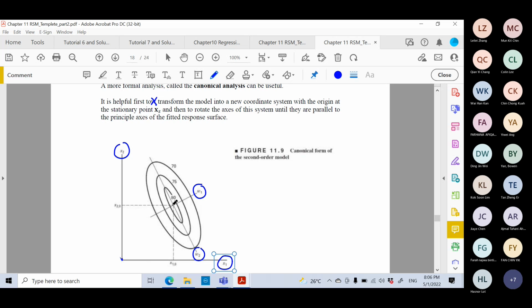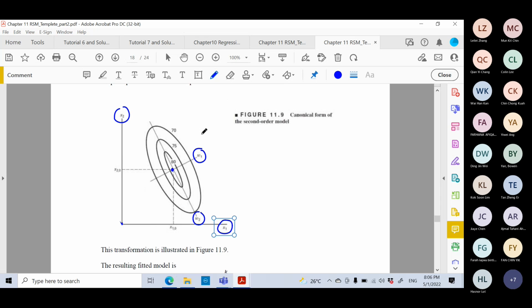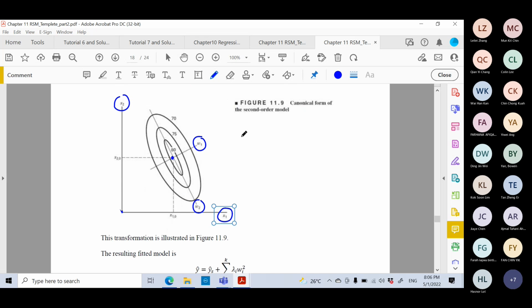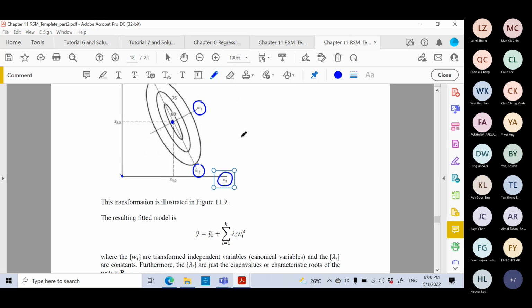So this one is the stationary point, and we transform to this direction, w1 and w2, and then rotate the axes of the system until they are parallel to the principal axes of the fitted response surface. How they rotate it, we don't need to know. The important thing is that we need to know how to find the optimal solution. So this is the idea of the canonical equation here.